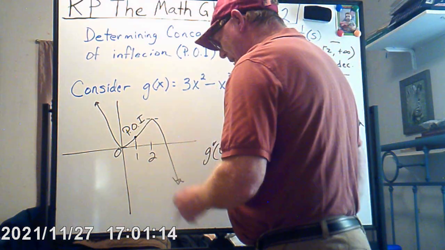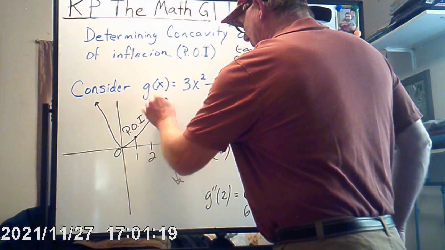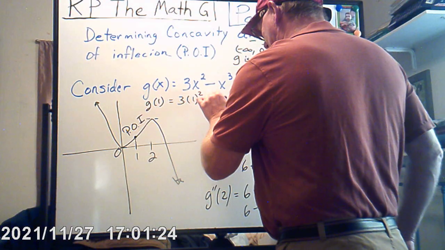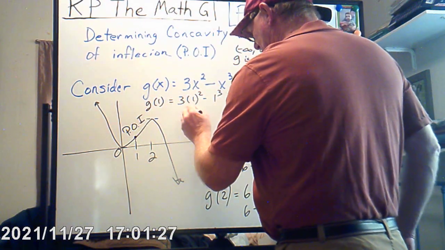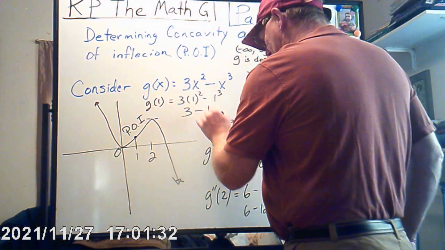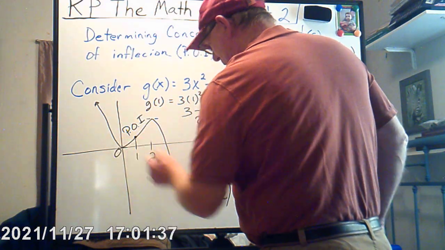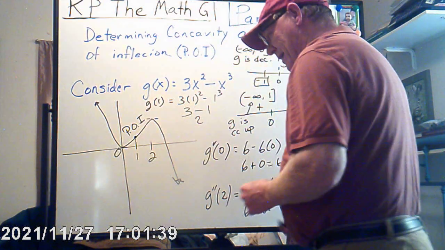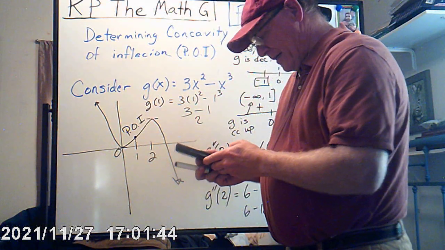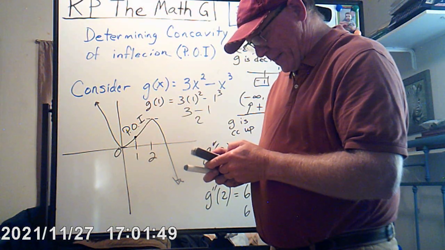That's what we're looking at: x equals 1. Now, we could plug that 1 into the original function. G at 1 would be 3 times 1 squared minus 1 cubed, so 3 times 1 is 3, 1 cubed is 1, so 2. So right here at 1 comma, I want to say that's 1 comma 2. Let me look that up just to make sure that I did that correctly. Bear with me for a little bit.